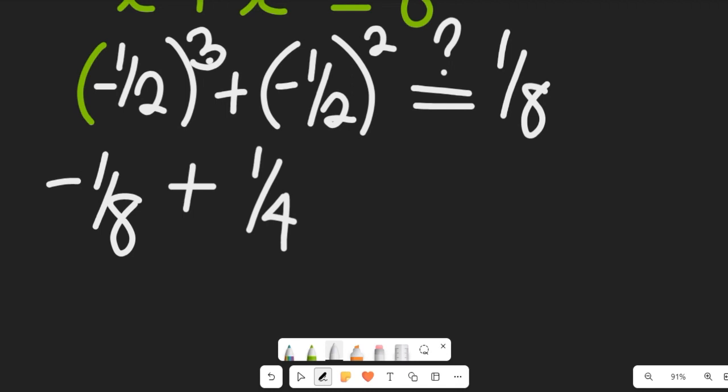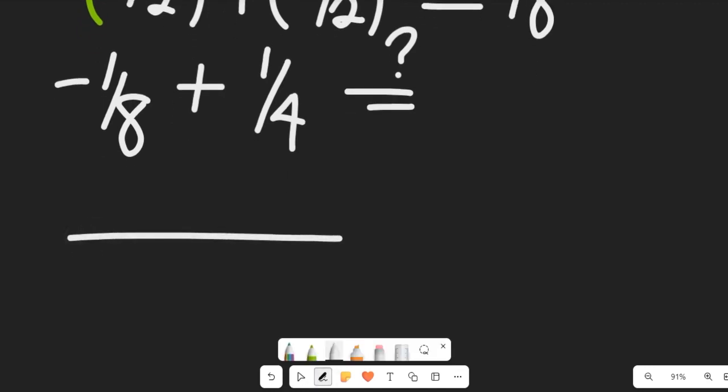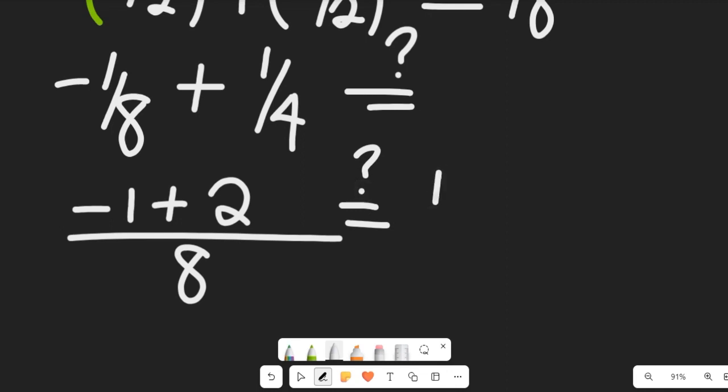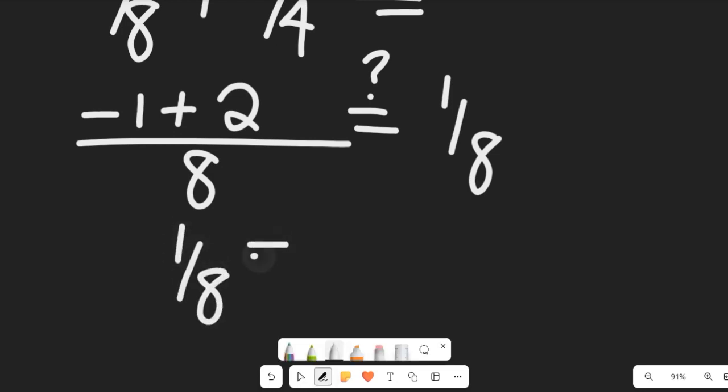So if we simplify this, the lowest common multiple will be 8, and then 8 divided by 8 will give us -1, plus 8 divided by 4 is 2, 2 times 1 will give us 2. From this, -1 plus 2 is going to give us 1 divided by 8, right? So 1 divided by 8 is equal to 1 divided by 8.